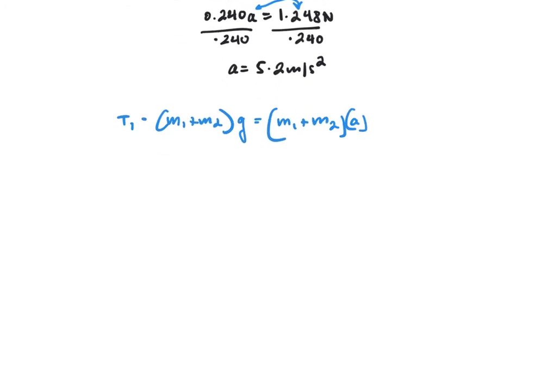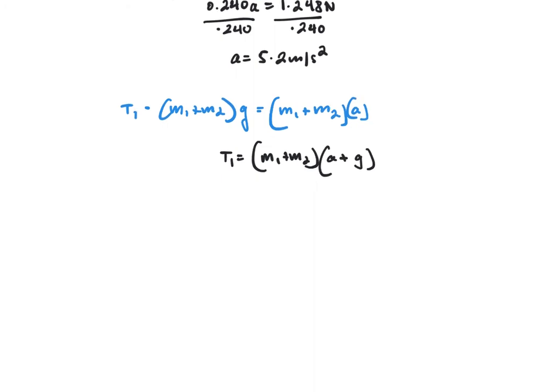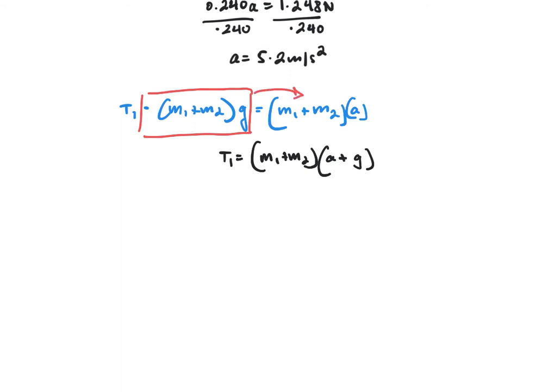So this becomes tension 1 equals (mass 1 plus mass 2) times (A plus G), because all we did was move this value here towards the right to isolate T, because that's what we're looking for, tension 1.